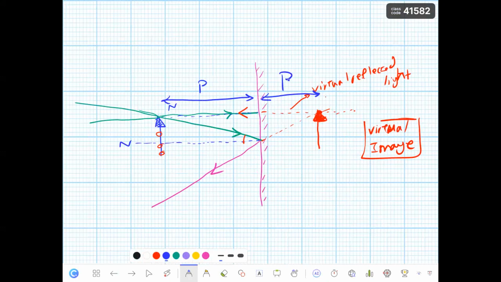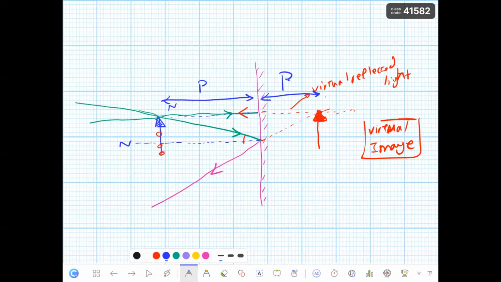But you should know that the distance from the object to the mirror is equal to the distance from the image to the mirror. Good? So, like this.